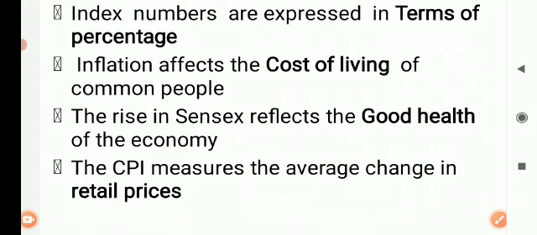When the value of shares increases in the market, foreign direct investors and foreigners invest their capital in the Indian economy, in the Indian market. If foreigners are attracted to invest more money, more capital, in the domestic economy, it leads to good health of the economy. In the sense, the economy becomes stronger when there is an increase in the sensitive index.